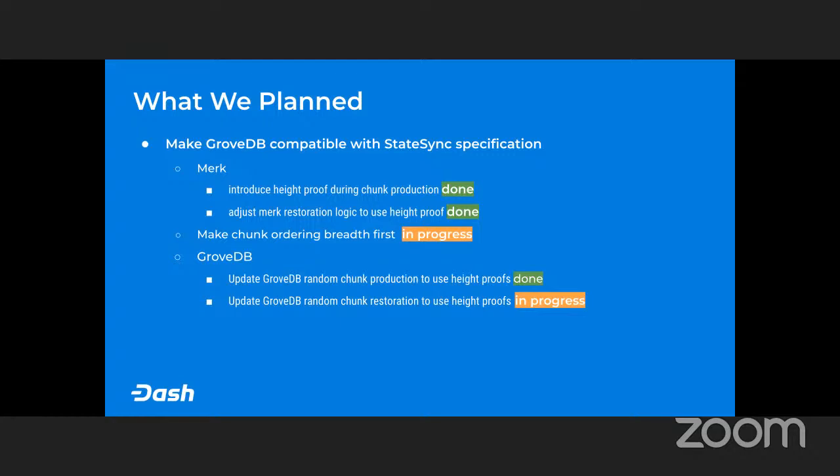We introduced the height proof during chunk production from Merk, and then also adjusted the Merk restoration logic to make use of this. Then went to the GraphDB side and also updated the chunk production for GraphDB using these height proofs. And then while working on the restoration logic to make use of the height proofs, I noticed a problem with the height proofs.